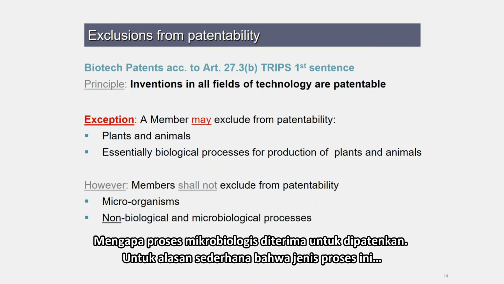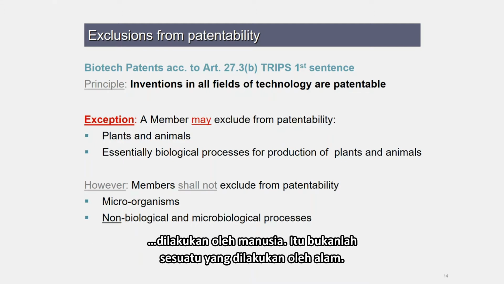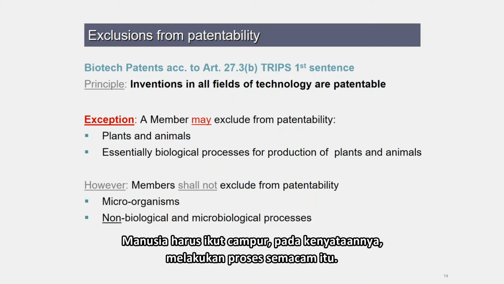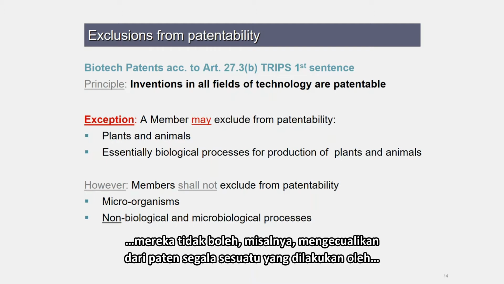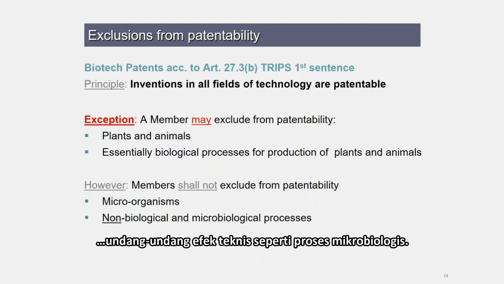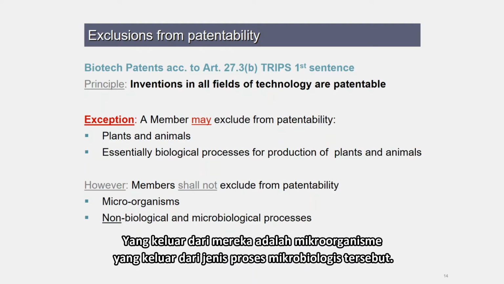For the simple reason that these types of processes are done by human beings. It is not something which is done by nature. A human being has to interfere to carry out that type of process. So members are allowed to exclude essentially biological processes, but they shall not exclude from patentability everything which is done by technical effects, like microbiological processes, and what comes out from them, the microorganisms.